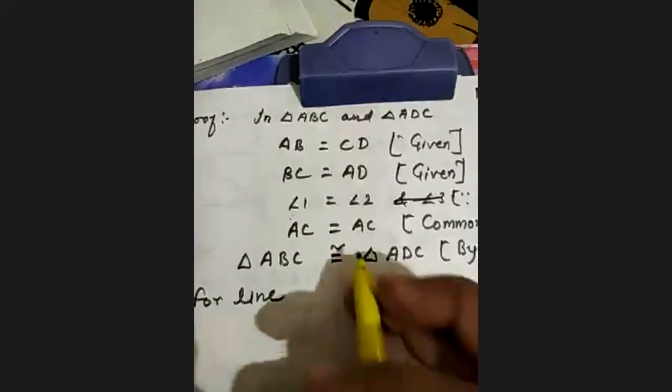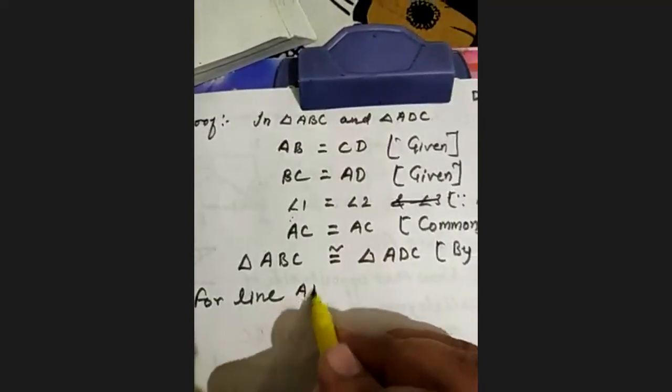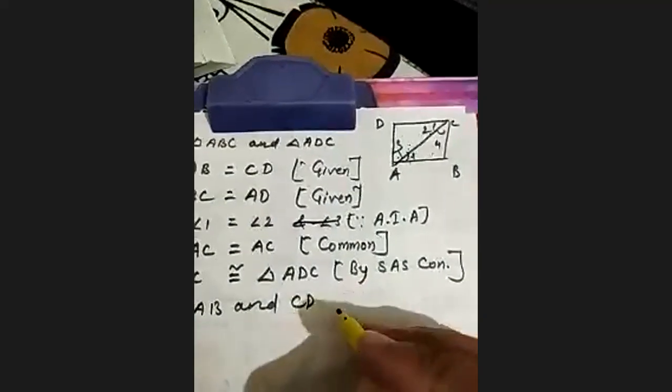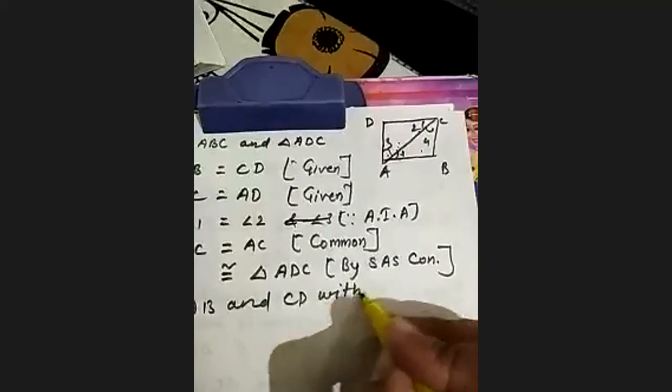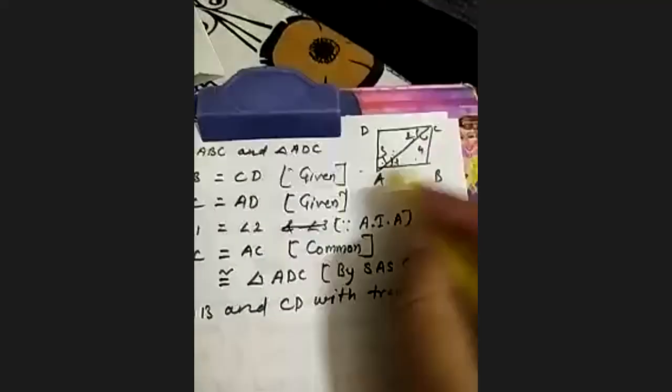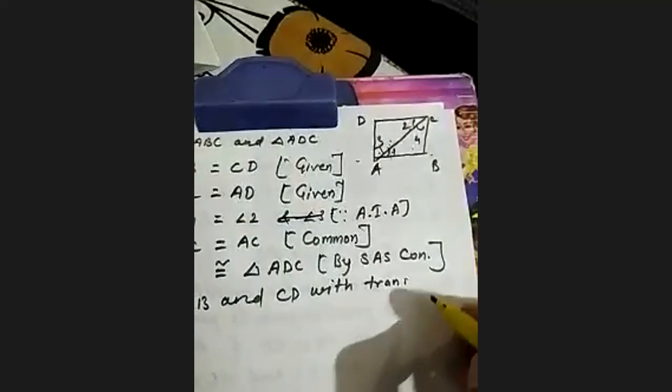and lines AB and CD, with a transversal line. Okay, AB and CD lines have a transversal line.